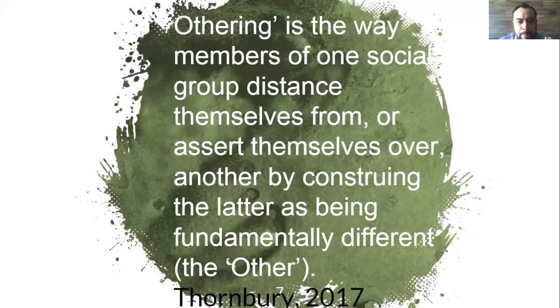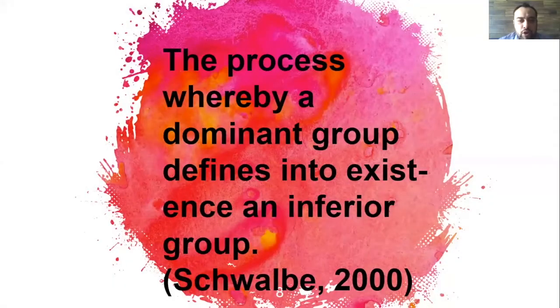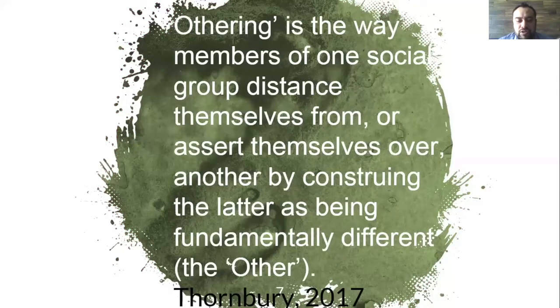First, Thornbury uses a social group, whereas Schwalbe uses a dominant group. Schwalbe says that they define into existence an inferior group, whereas Thornbury just mentions a different group.